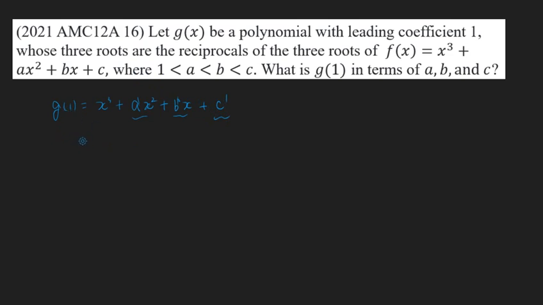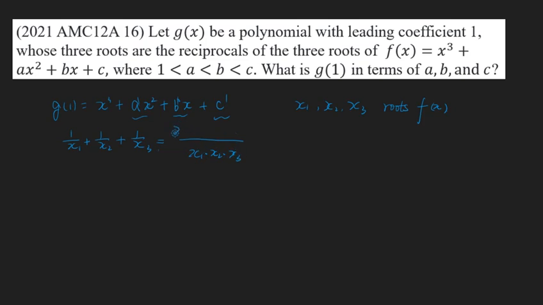And we know that the 3 roots are actually 1 over x1, 1 over x2, 1 over x3, where x1, x2, x3 are roots of f(x). So for the sum of 1 over x1, 1 over x2, and 1 over x3, we need to find the common denominator x1 times x2 times x3.